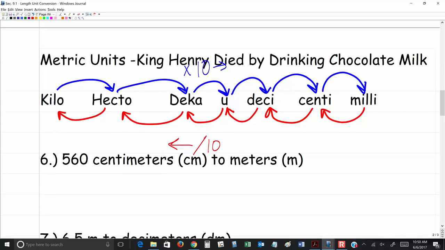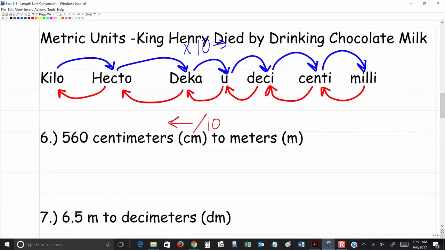Okay, now the way I like to do the metric system, there's always different ways, faster ways, whatever you can do. I'm just going to tell you how I like to do it. I like to refer everything back to that basic unit.